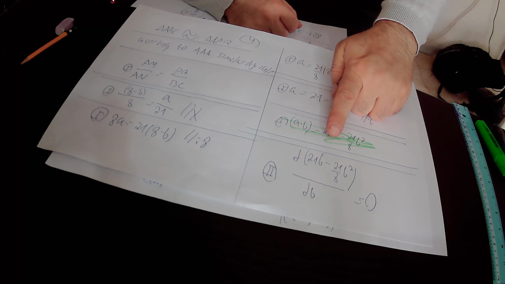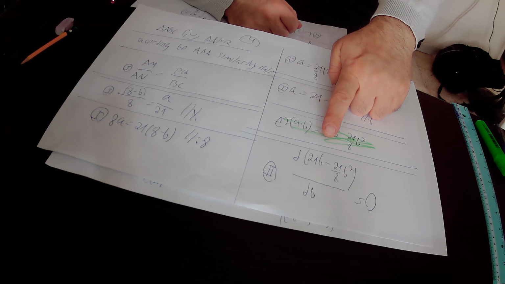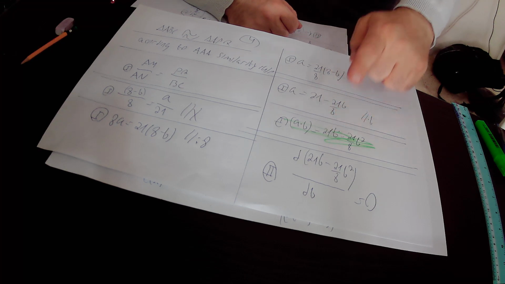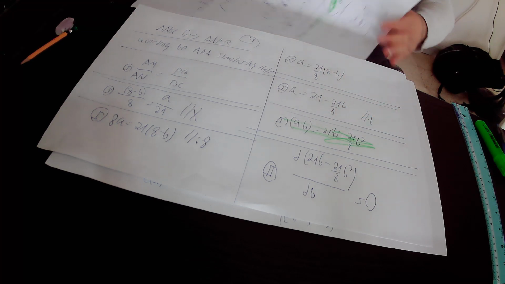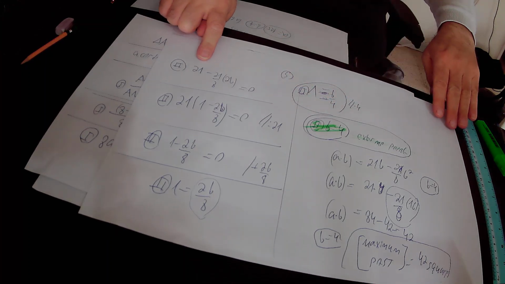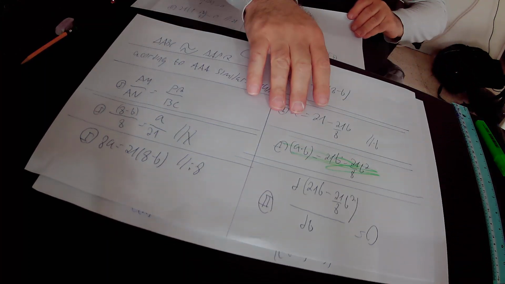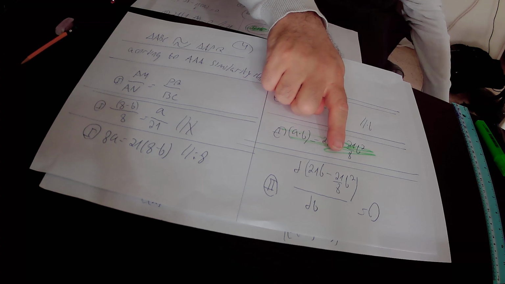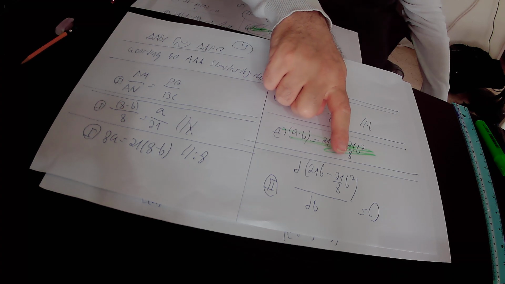So what is the derivative of 21b? We know that the derivative of b is 1. Therefore, this expression will be equal in total to 21 times 1, that is 21. So the derivative of 21b is 21. And what is the derivative of minus 21 over 8 times b squared?